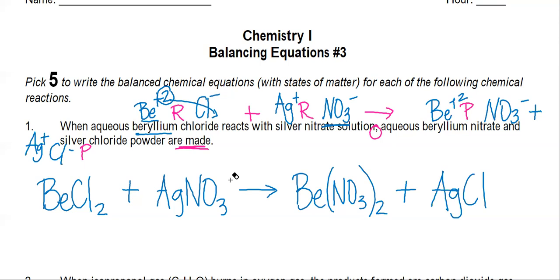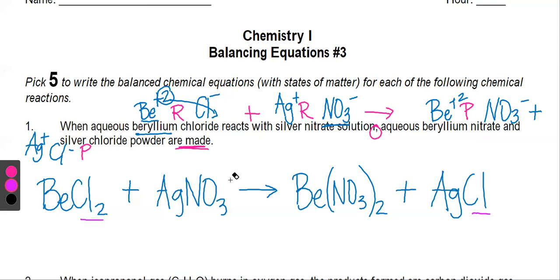And this is where, if you don't have enough space on the worksheet, you can always have a separate piece of paper to help you with balancing, if you still need to draw the line and write out all the elements and all that kind of stuff. But to help us speed things along a little bit, do you see how there's 2 chlorines there and only 1 chlorine here?